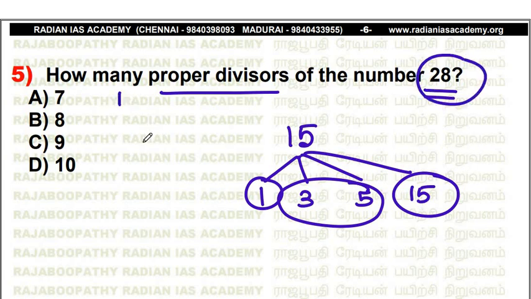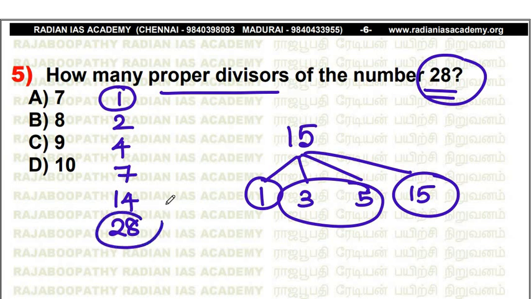We'll see that. 1 is not a proper divisor, it is just a divisor. So therefore 2, 4, then 7, 14, then 28. Actually, I gave another number; they typed it mistakenly.